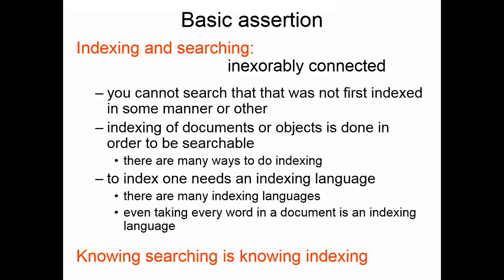So indexing and searching are totally connected. Without indexing, there is no searching. Without searching, there is no indexing. Why? First of all, we are thinking about indexing because there is searching. Then when you are thinking about searching, there should be indexing. Then if there is indexing, we have to design searching.